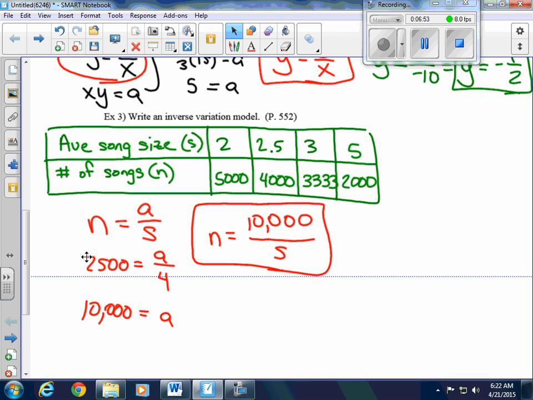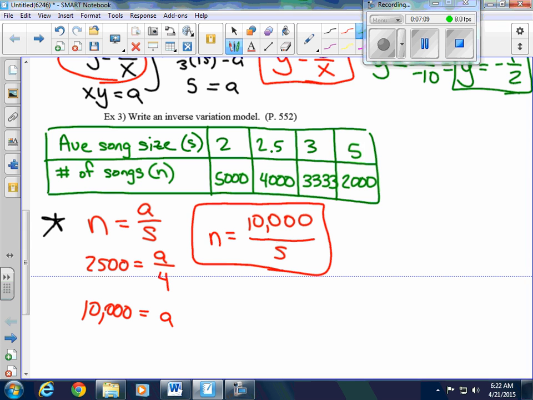So when they gave us this data, again, here is our inverse variation equation. We plug in the data to get our equation, and then we can plug in any number that we want for the number of songs.